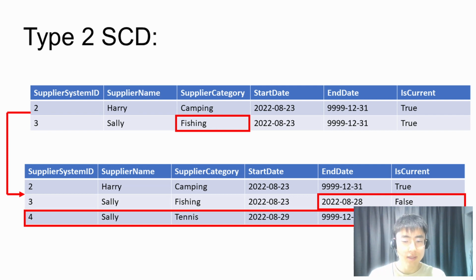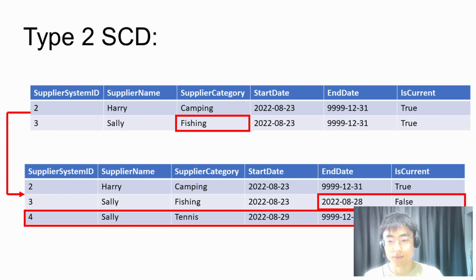But when her supplier category changes, a whole new row gets added with the new supplier system ID. In the updated table, for the fishing row, the end date has changed and its current is set to false, and the third row is the new information.